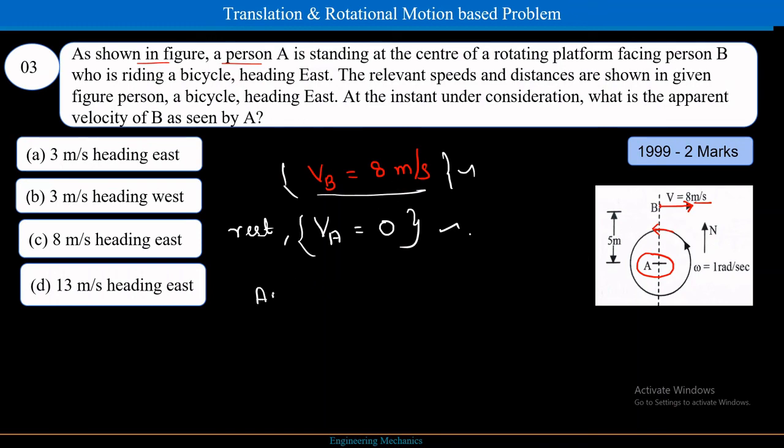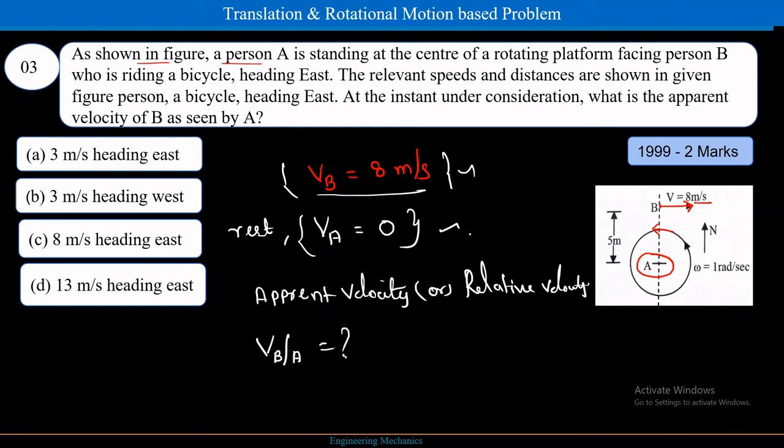Apparent velocity. What is apparent velocity? Apparent velocity is nothing but relative velocity. Relative velocity is nothing but the velocity of B with respect to A. That's the question.